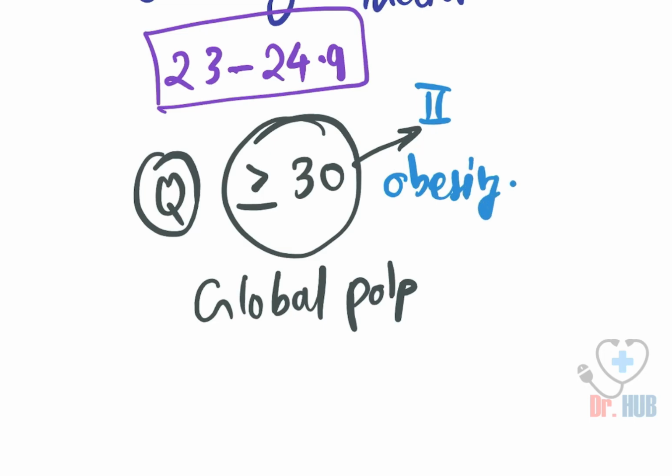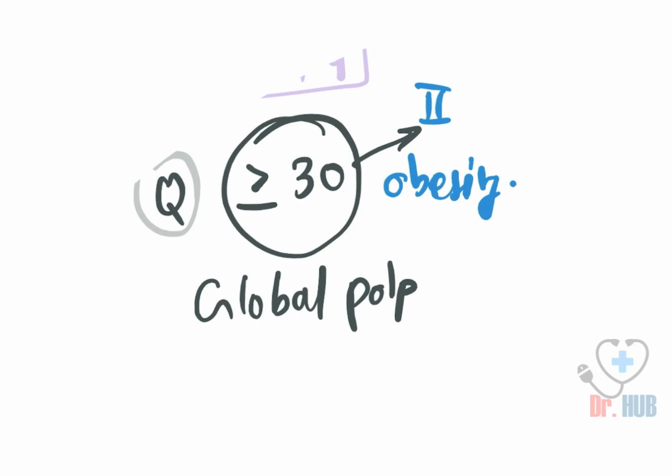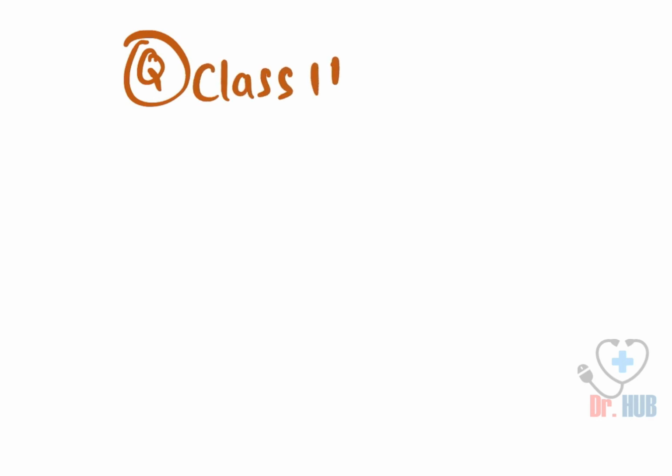Now we're going to look at some bonus questions. These questions can be answered in the comments. The first question is, what is class 3 obesity in case of the global population?